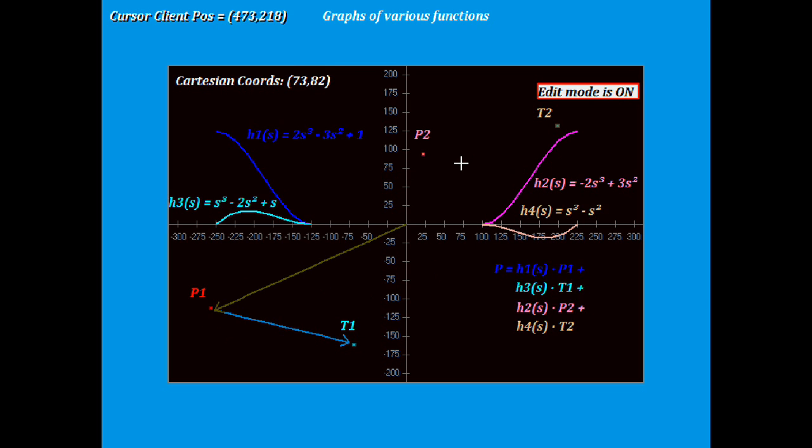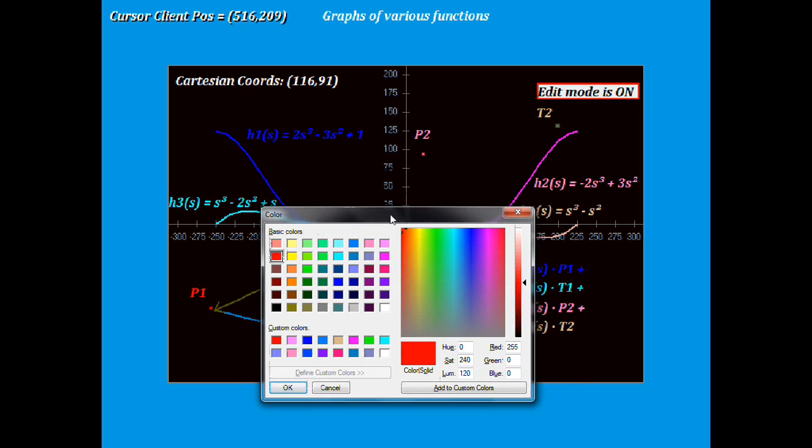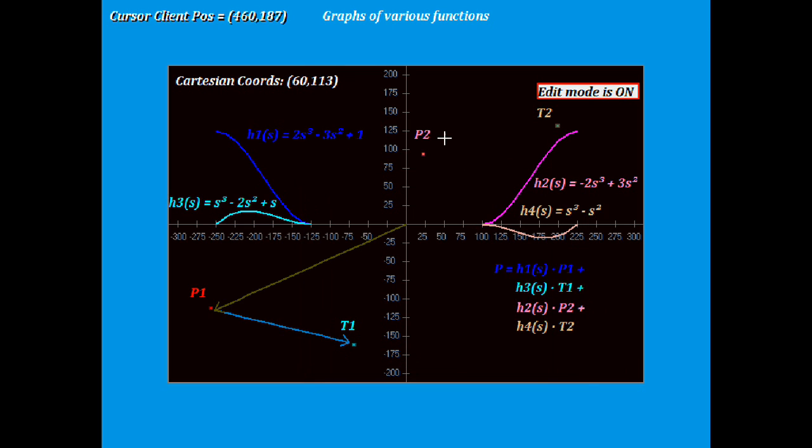And this one I'll make a kind of a pinkish color, but not exactly that pink. Close, like a redder pink, like this. Okay, so this vector is T2, and this vector is P2.